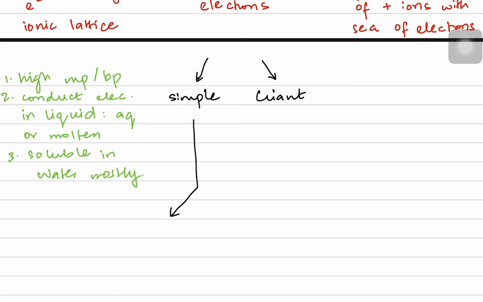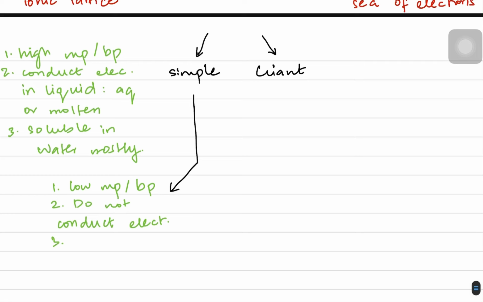For simple covalent, the properties include low melting point and boiling point. They do not conduct electricity at all, and they are mostly insoluble in water, obviously. This is what you're talking about.